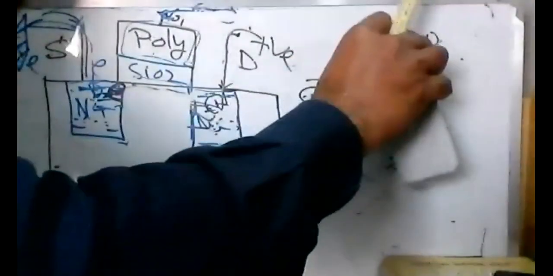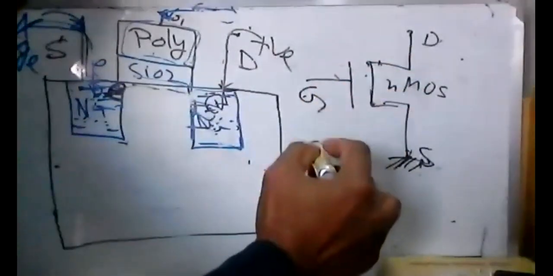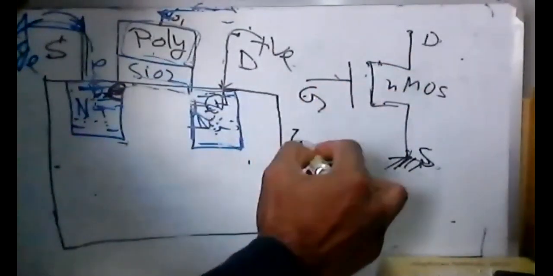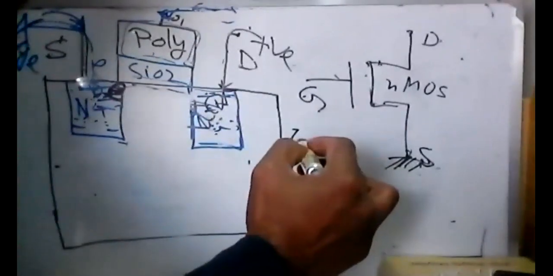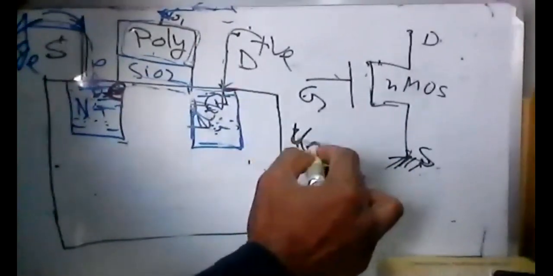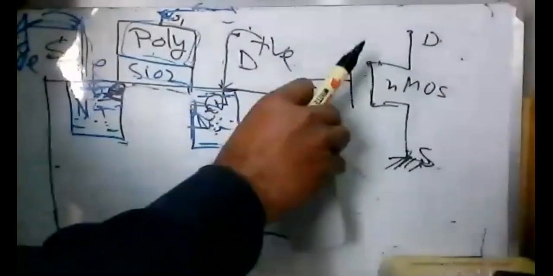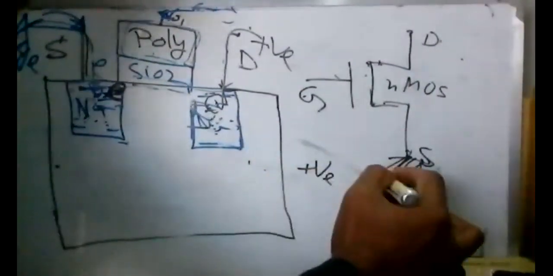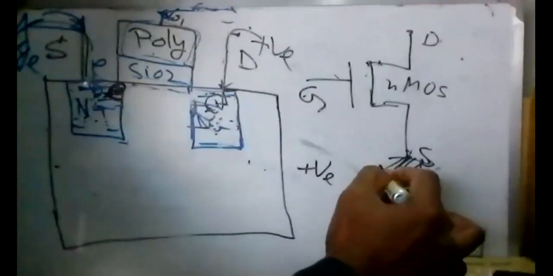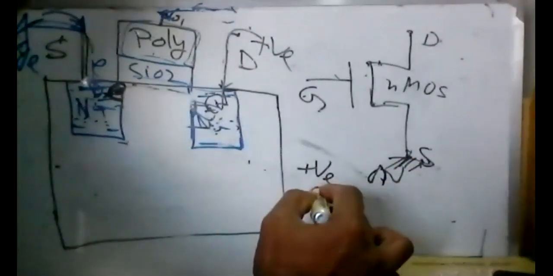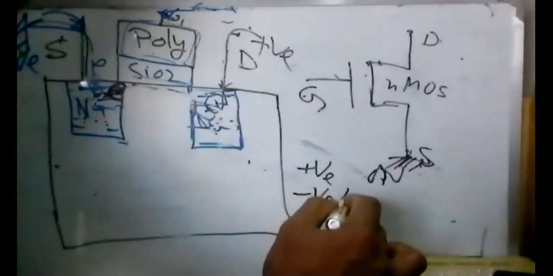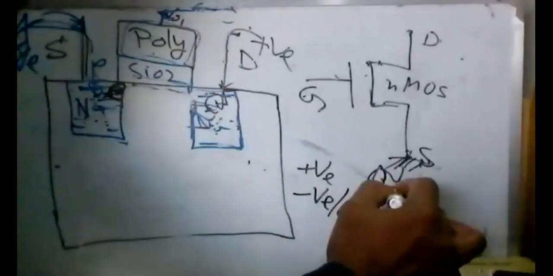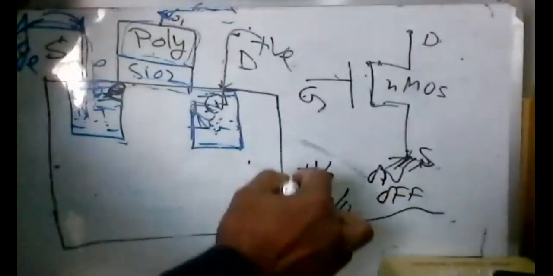So what did we understand? Now we conclude: gate voltage positive, transistor on; negative or zero, transistor off.